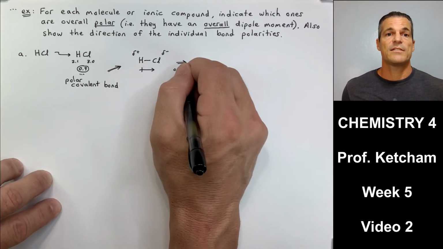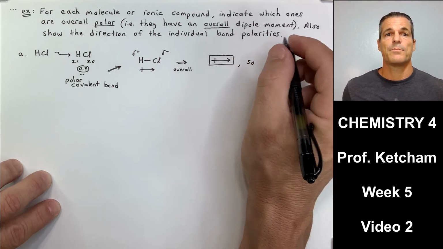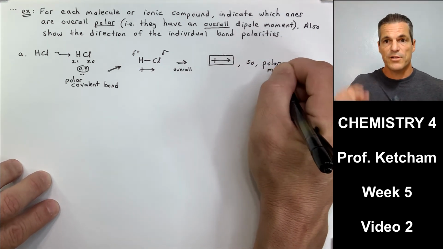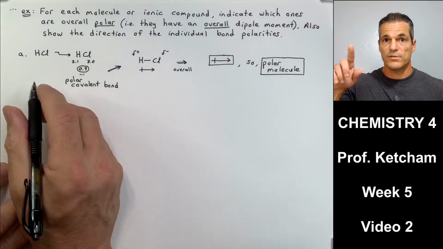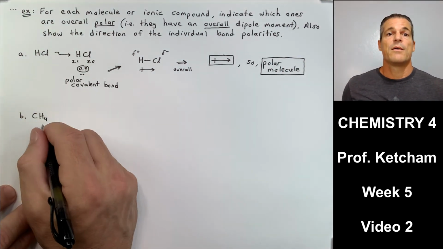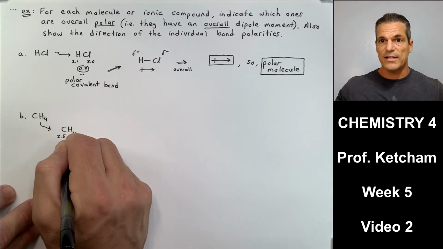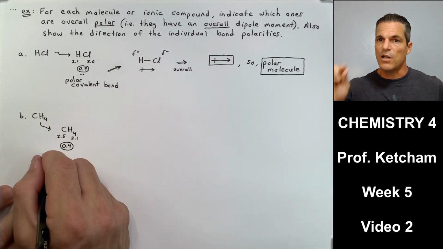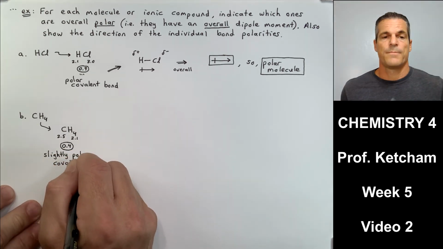So HCl, the H has a partial positive charge. The Cl has a partial negative charge. And I can draw my dipole moment to the right. Overall, the dipole goes to the right. Now, if you had drawn this on your paper the other way around, Cl-H, that's fine. As long as you can draw the dipole moment, it's a polar molecule.